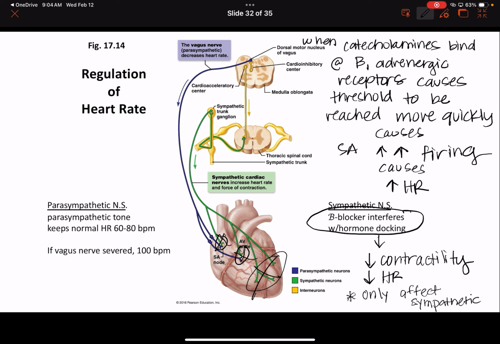The more calcium you have available, the harder your heart's going to work. So if you prescribe calcium blockers, it's going to decrease the effort of the heart all the time. Beta blockers only interfere with epinephrine and norepinephrine, so beta blockers only work during fight or flight mode.